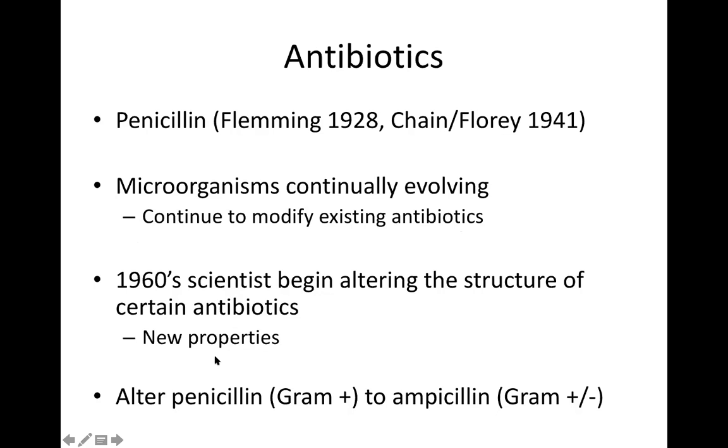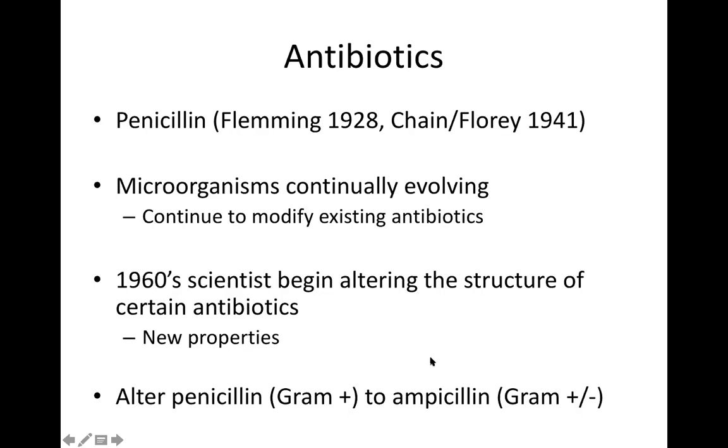An example of this would be penicillin, kind of the original antibiotic, which primarily goes after gram-positive bacteria. We'll talk about why that is in just a second. Sorry, I forgot I'm doing things in reverse this semester. But it's been modified.